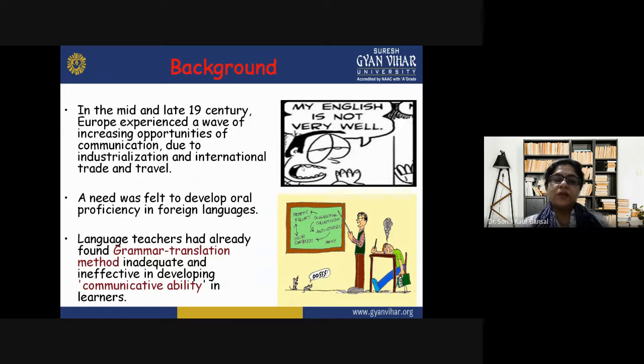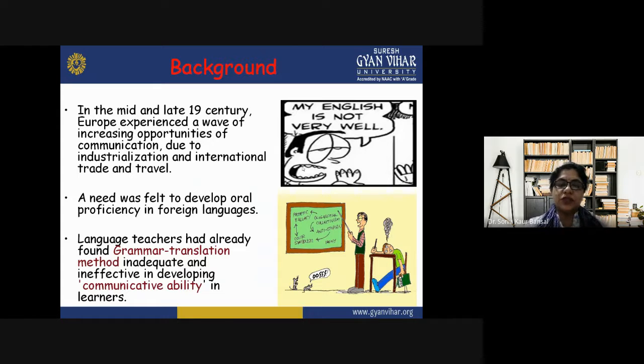People were comfortable in their own languages, but they needed a clear medium of communication. So a need was felt to develop oral proficiency in foreign languages, and this was the background.